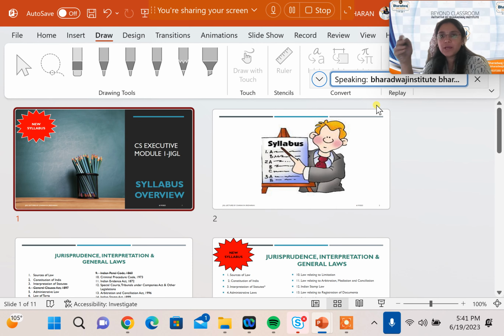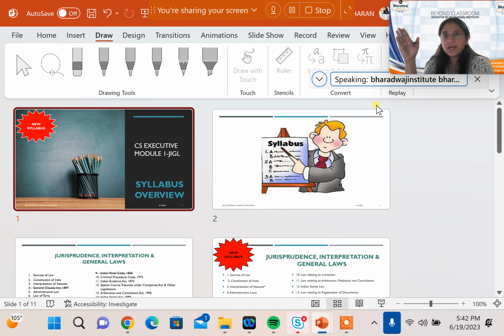Which subject did you already start with in module 1? Only company law, not taxes? You don't have taxes in this module. You only have setting up of business, and corporate accounting. Okay, all right.